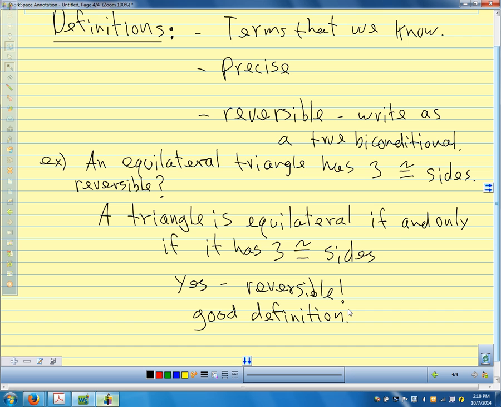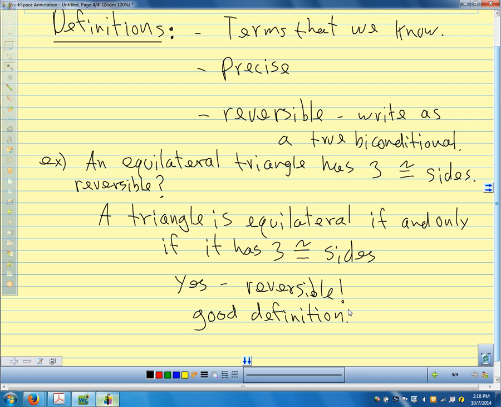So based on what we've talked about the last couple of days, how would you guess we would show that a definition is not a good definition? Both conditionals aren't true, and what did we find to show that a conditional wasn't true? Counterexample.